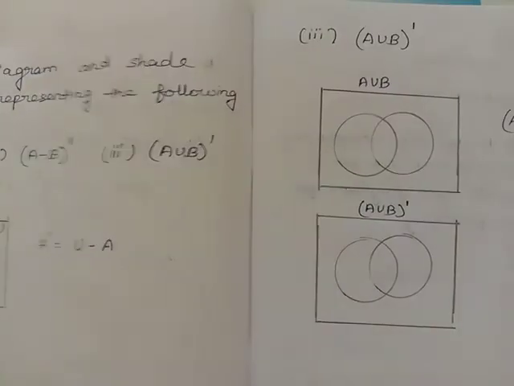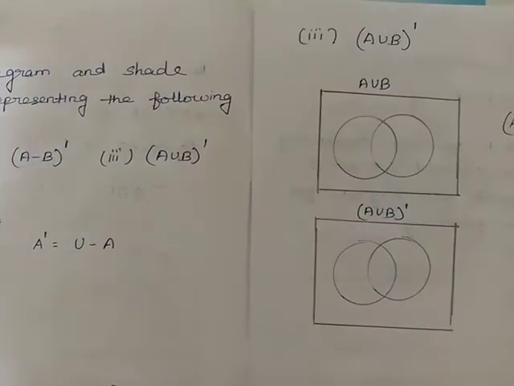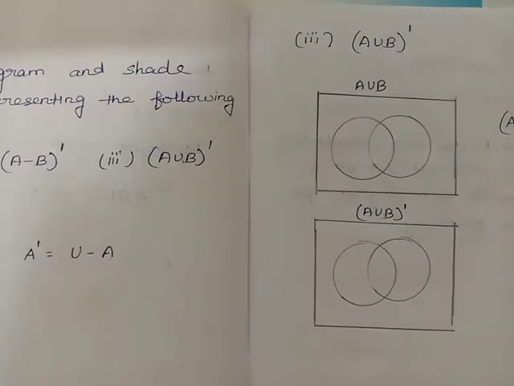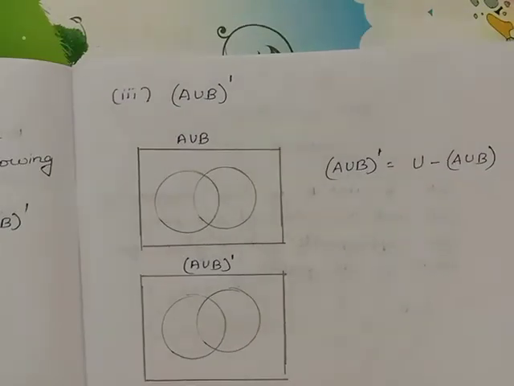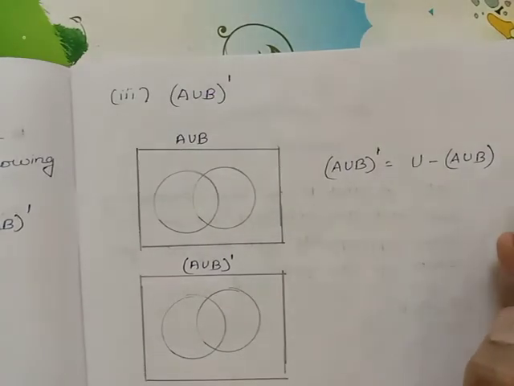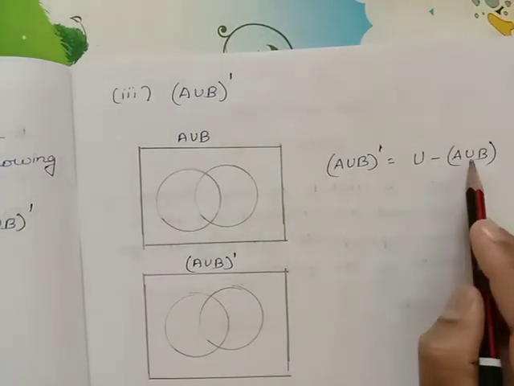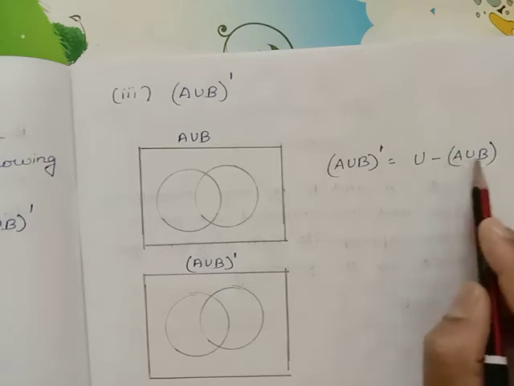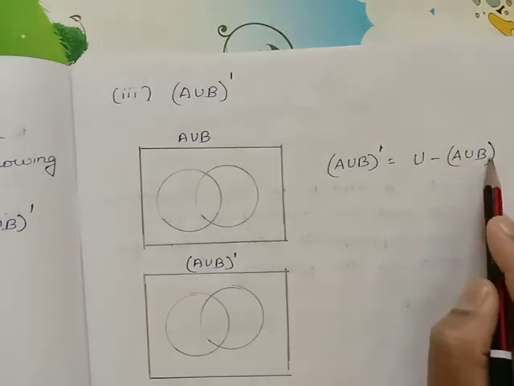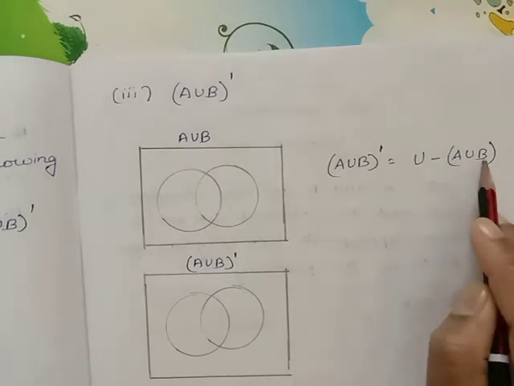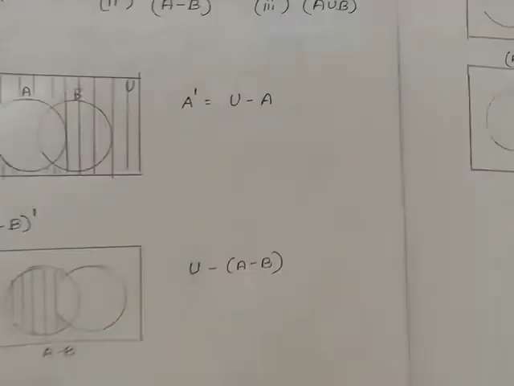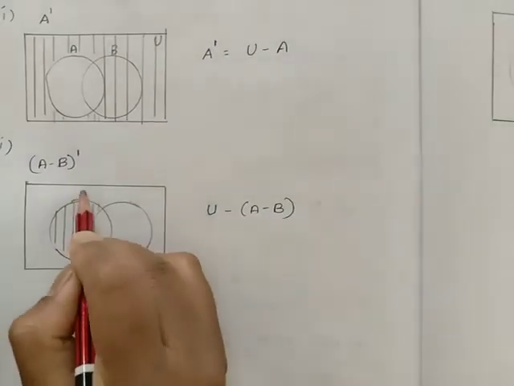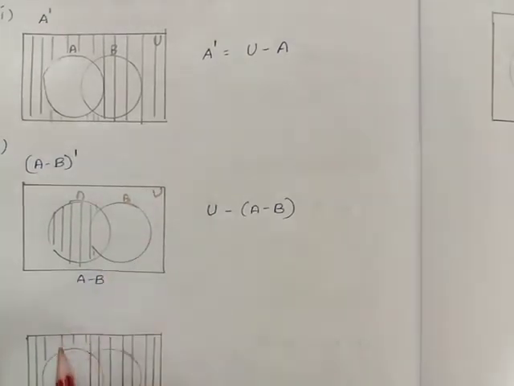Your next question is A union B whole dash. What is meant by A union B whole dash? It means universal minus A union B. To solve this sum, first we'll find out what is A union B. A union B means we want all the values of A and B. Here is the circle A, B, universal.